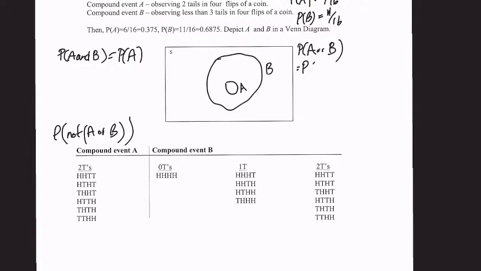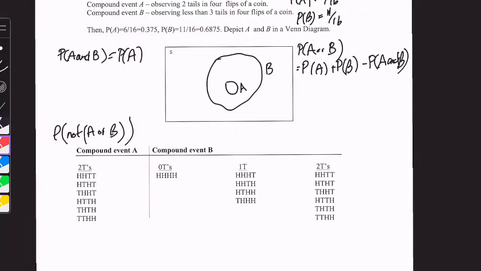We would have to take A plus B minus A and B. It's redundant. We're doing it twice. We're adding A and B and then subtracting A and B. Let's not even do it that way. We wouldn't get the wrong answer, but basically our answer is just B, right?